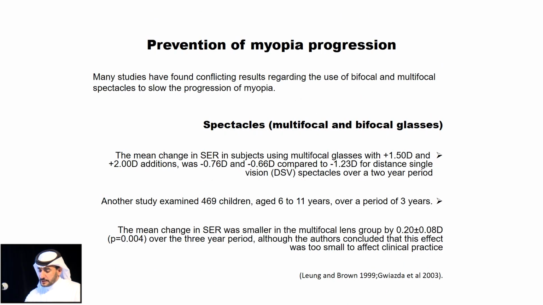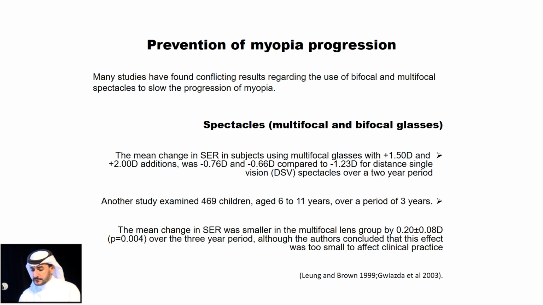So now we'll move to the spectacles, which include multifocal and bifocal glasses. Again, this method had been studied a long time ago, and studies have found variable results. Over a long time they used multifocal glasses and bifocal glasses, and the reduction was about 0.5 diopter sphere over a 2 year period.